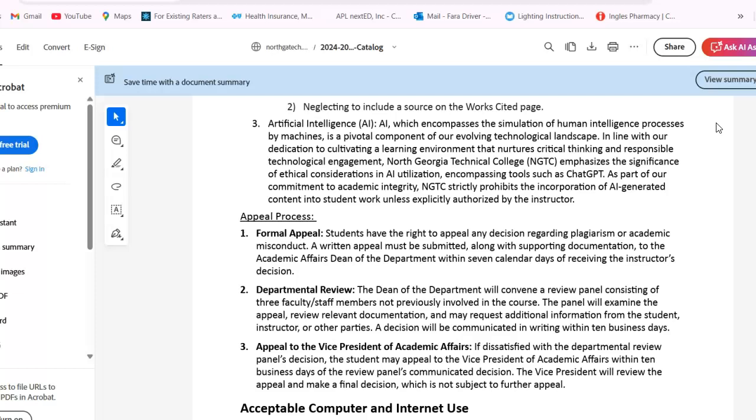So I tend to structure my grading along these lines.